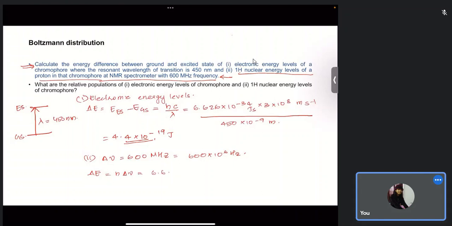This is 6.626 into 10 to the power minus 34 joule seconds, and 1 hertz is 1 second inverse, so this is 600 into 10 to the power 6 second inverse. The second inverse and second cancel out, and this will come as 3.95 into 10 to the power minus 25 joules.